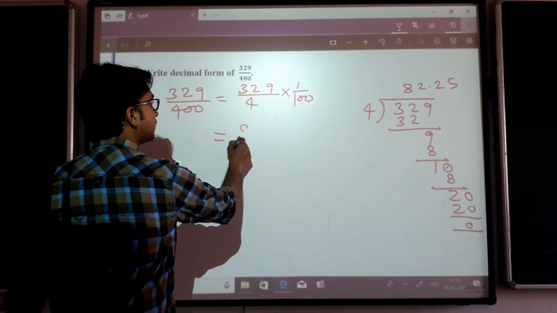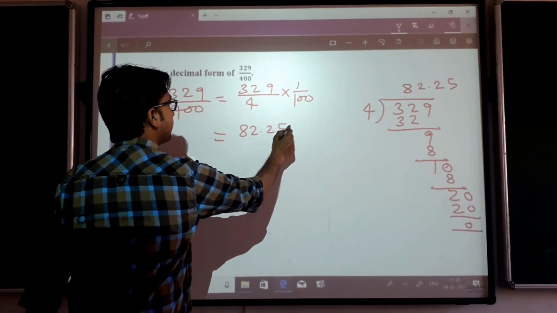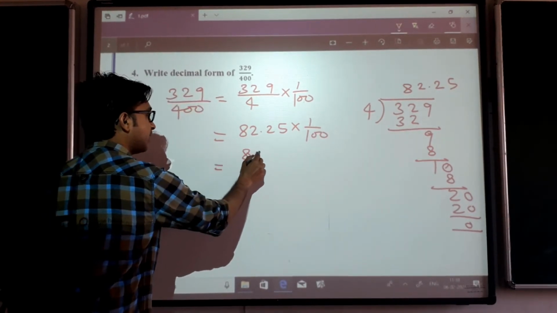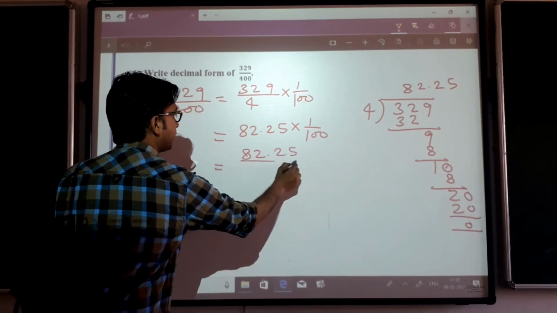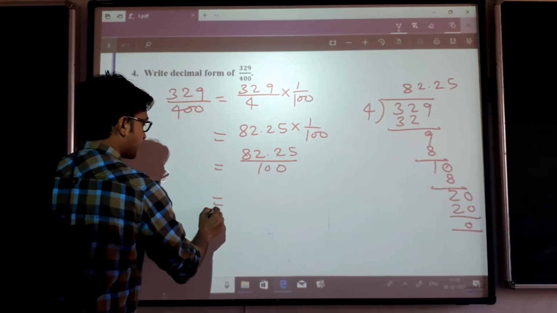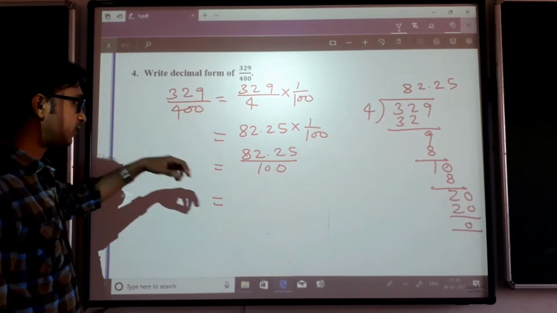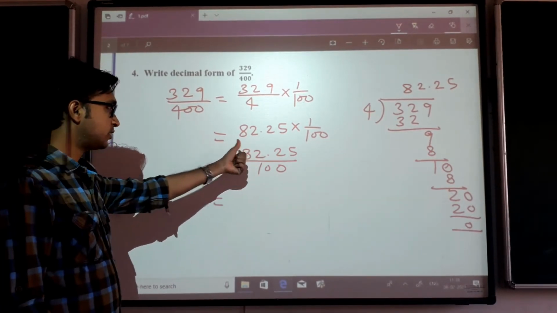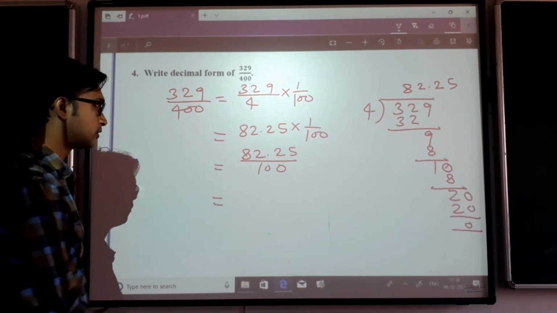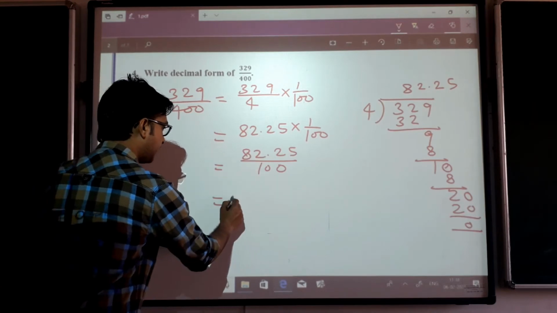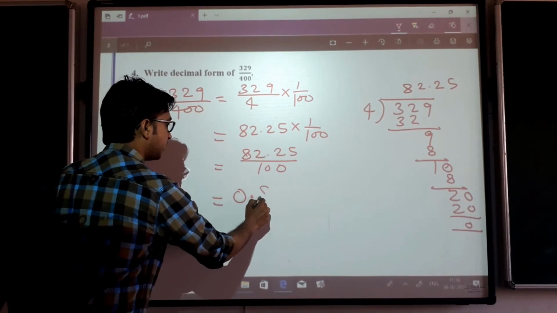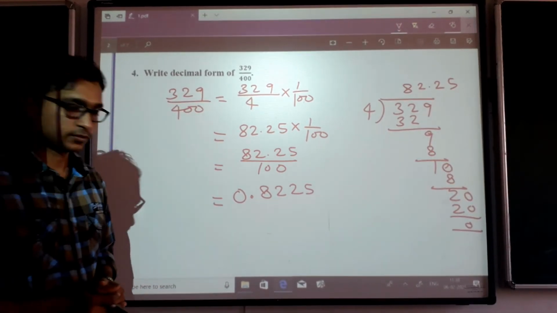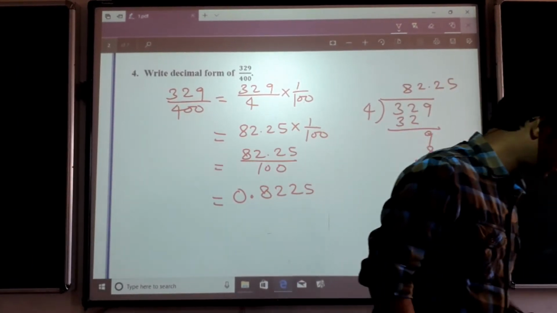So we get here 82.25 multiply with 1 upon 100, which means 82.25 divided by 100. So in denominator there are 2 zeros. So we will shift decimal towards left hand side of 2 places. So we can write here 0.8225 and this is the answer. Let's move to the next question.